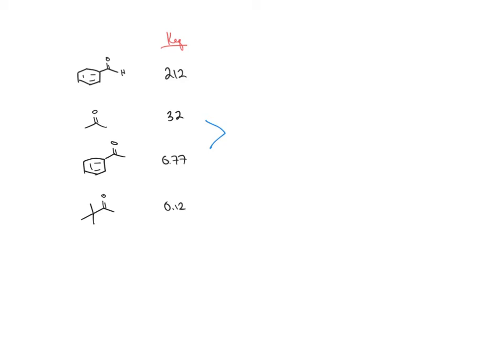And so what we're really asking ourselves when we're looking at these two examples is what's the effect of having a methyl group versus having a phenyl group? Okay, so this is the difference between resonance versus sigma donation. So resonance delocalization, as we know, is a stronger effect.